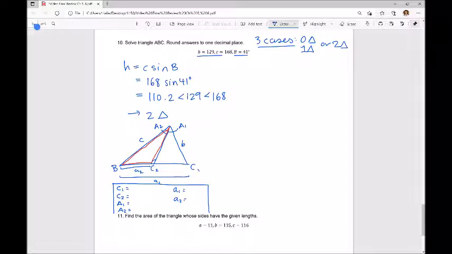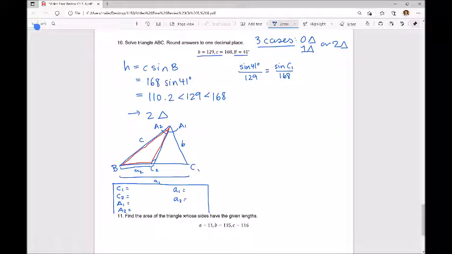So I would start with the angles. They tend to be a little easier. The first thing you always want to find is that angle opposite B, so we want to find C1. To do that, we can set up a law of sines because we know side C. So we can say sine of 41 over 129 is equal to the sine of C1 over 168.